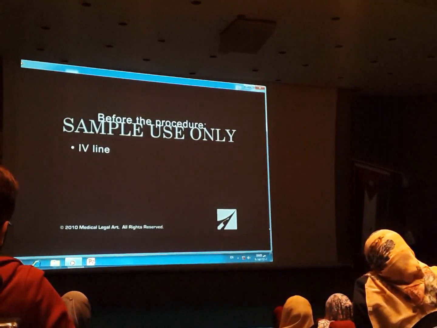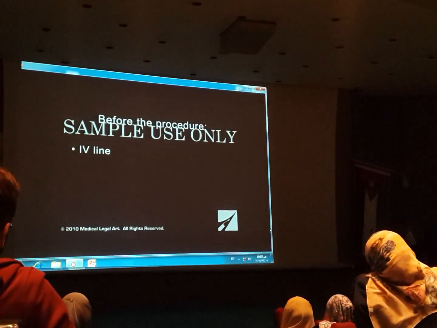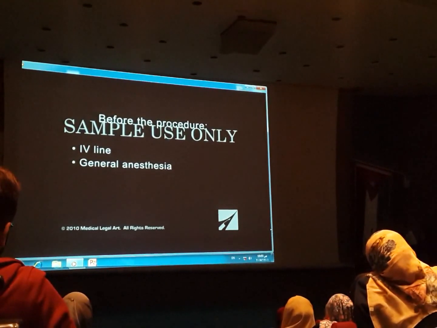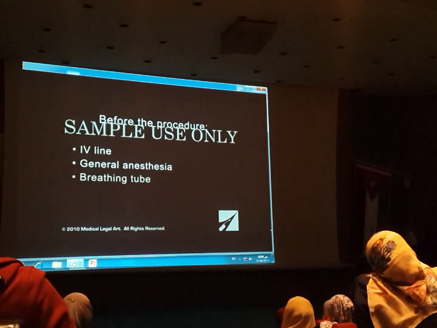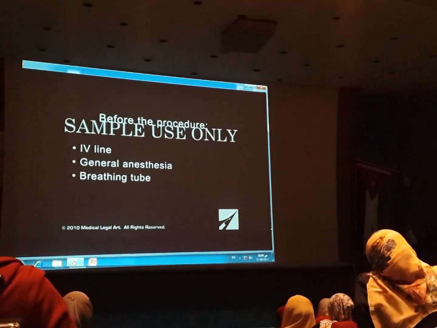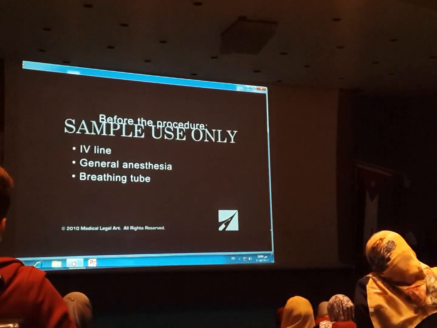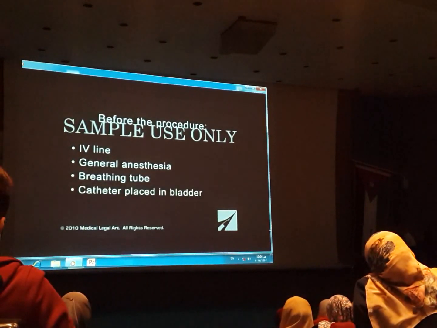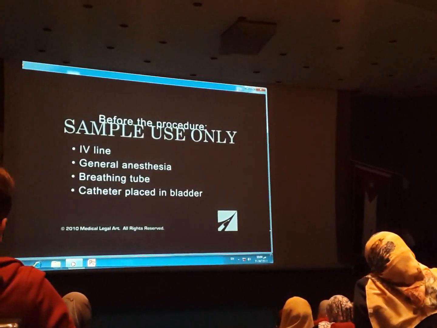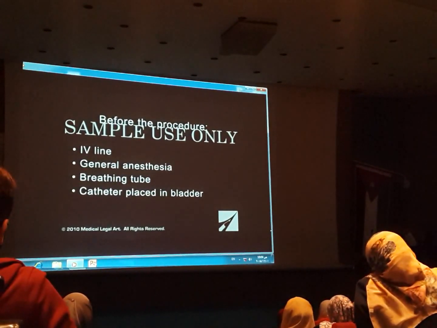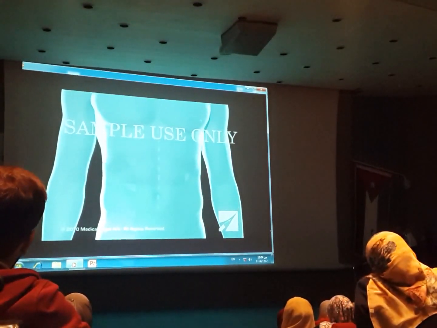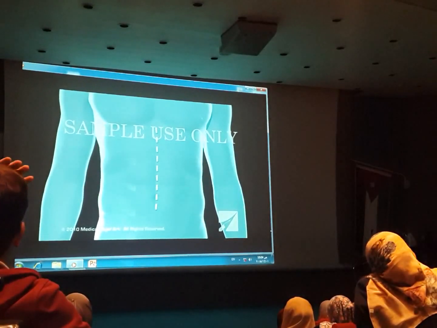A traditional open surgical repair is performed under general anesthesia, which means you will be asleep for the duration of the procedure. A breathing tube will be inserted through your mouth and into your windpipe to help you breathe during the operation. When you are asleep, a catheter will be inserted into your bladder to drain your urine and monitor your kidney function.